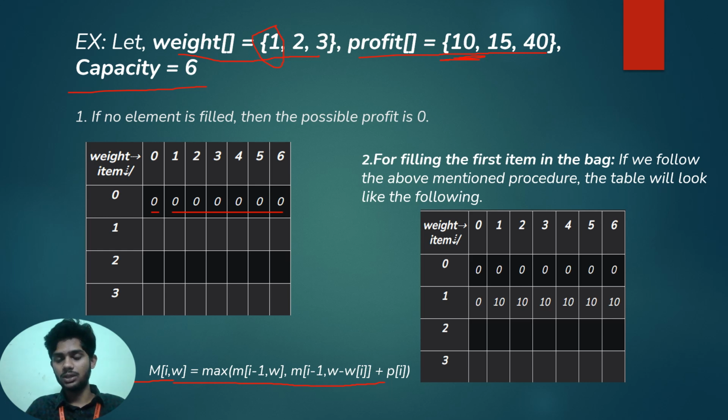First we consider the bag capacity 0. If we cannot insert the 1 kg item, the profit will be 0. We can insert 1 kg at capacity 1, and at capacity 2 as well, so here also we get the profit. Like this we insert the item whose weight is 1 kg, so in all the other 5 cases we get the profit as 10.